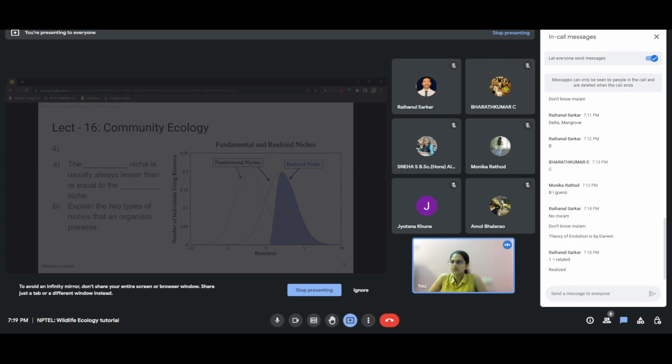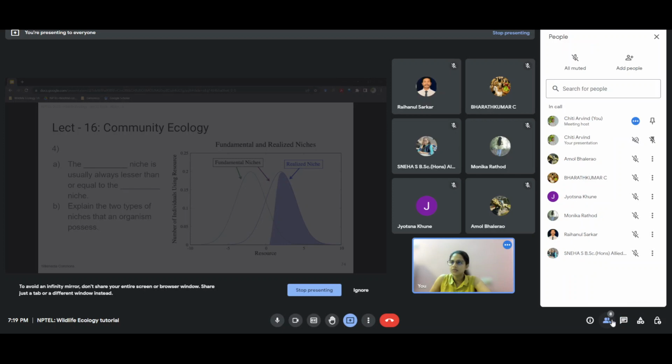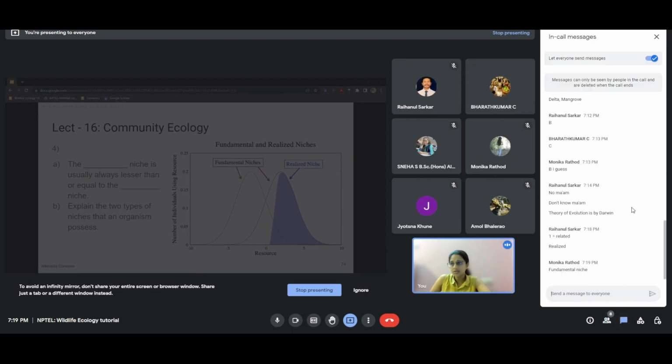What do the rest of you feel? We have Jyotsna, Monica, Sneha, Bharat Kumar. Fundamental niche is smaller, Monica says. What about the others? Fundamental niche is smaller, okay.